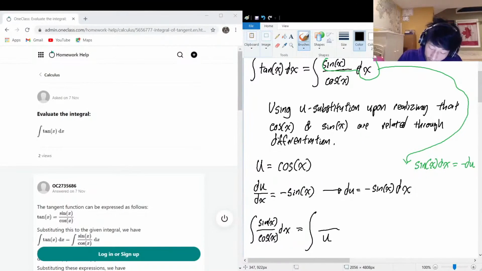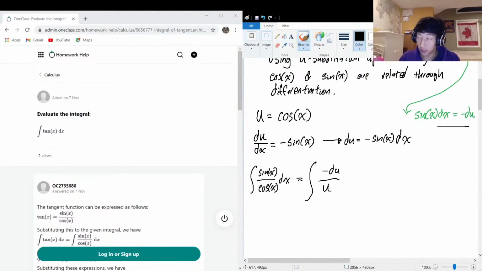On the upstairs, it's just negative du, because the sine x dx that was previously upstairs is replaced by this. Negative du is equal to sine x dx, and sine x dx is what we're replacing. Okay, so this is actually fairly straightforward. Now this is really just the integral of 1 over u.